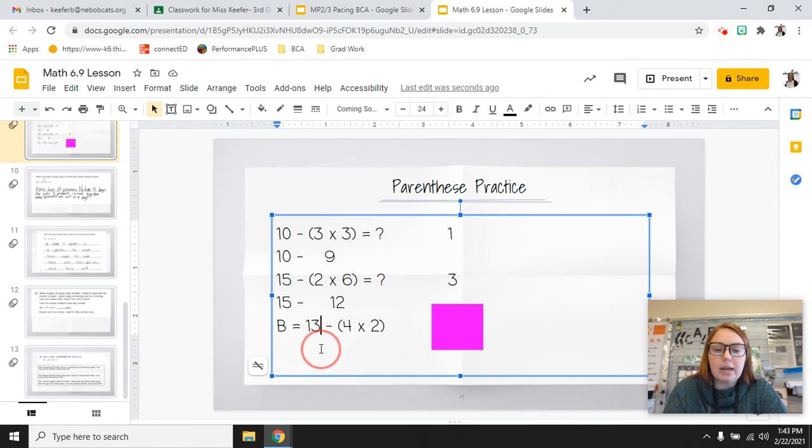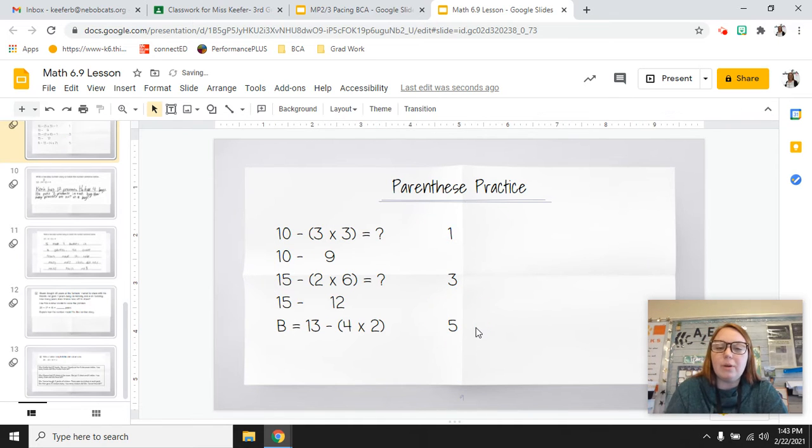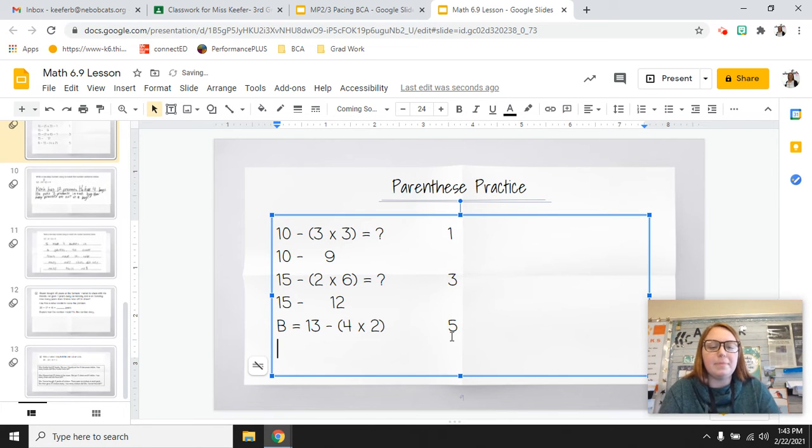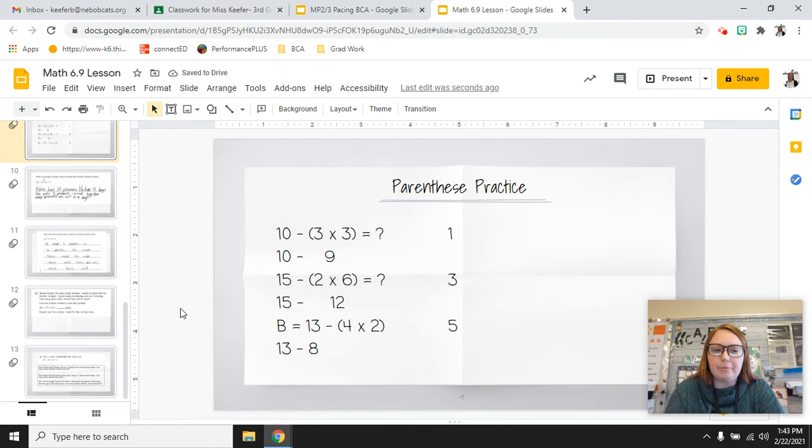So 4 times 2 equals 8, so 13 minus 8 would equal 5. It's not letting me type below it, so we'll just talk it through. I think I needed to hit enter. There we go. So it would have been 13 minus 8, which would equal 5.